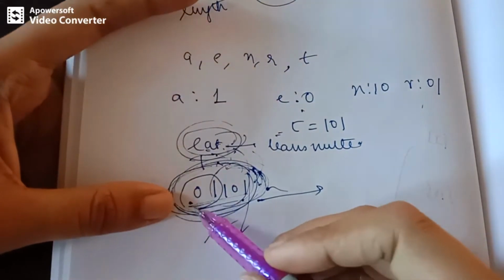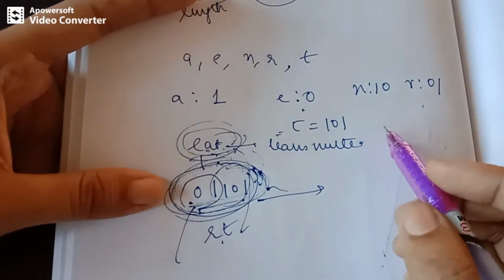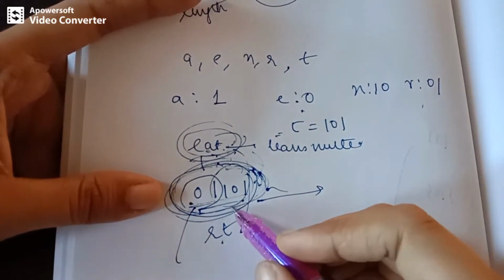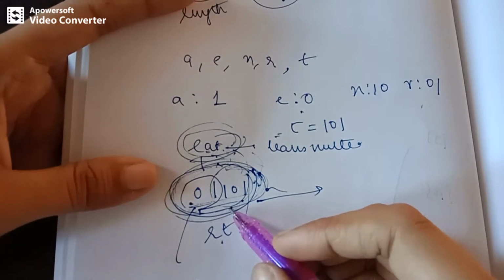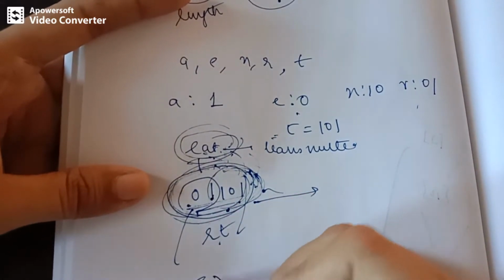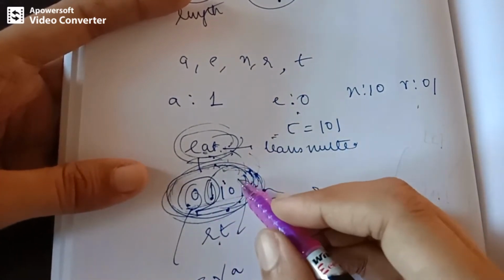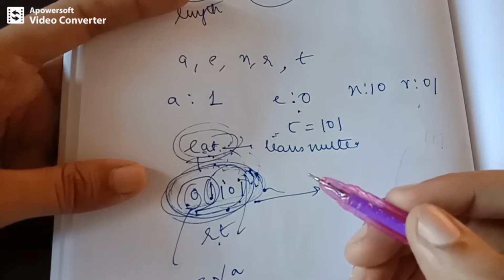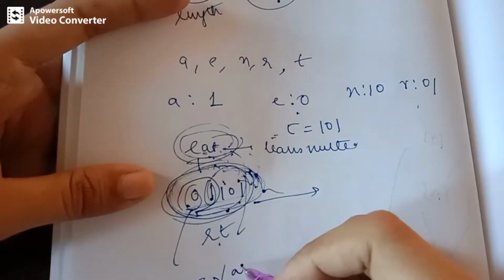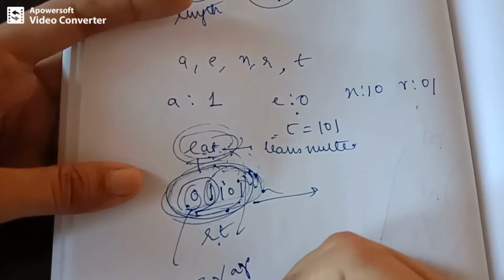We can have RT, and then we can have E, A. We can also have R, A, N, or RAR. We can also have RAR or EAAR.